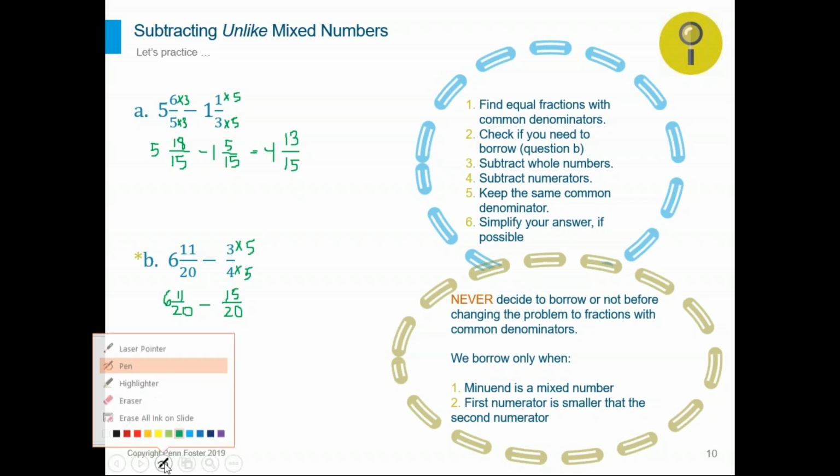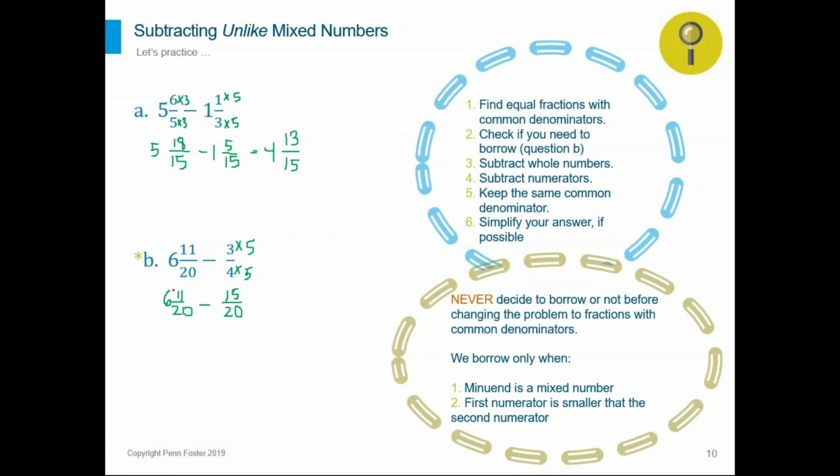So I'm going to change the color just to explain more what to do. I'm going to make the 6 a 5 because that 6 is going to give me 1. So the 6 will become a 5, go down by 1. Now, the 1 I borrowed, I am able to write down in the form of a fraction. 20 over 20 is a 1. This is the 1 I borrowed from the 6.